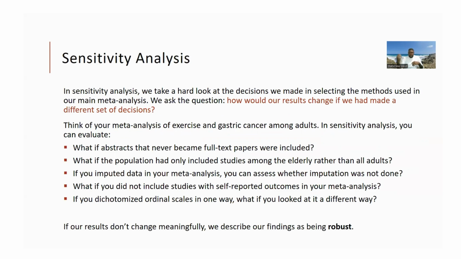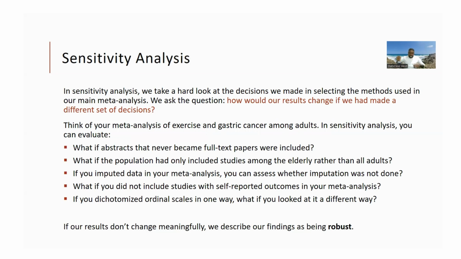So for instance, if you think about some of the examples that we've used in this class, or the exercise on gastric cancer, you might say, what if we had abstracts that had never become full text papers and we had included them? What if the population had only included studies among the elderly rather than all adults? What if you imputed data in your meta-analysis?